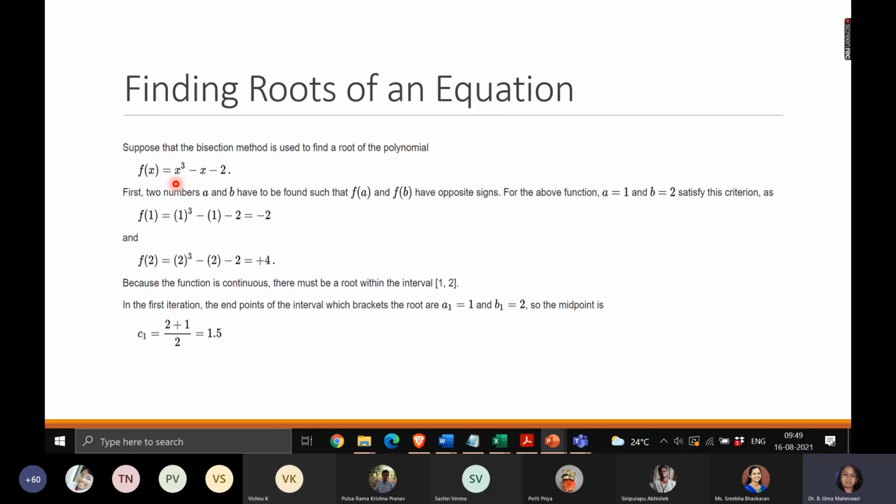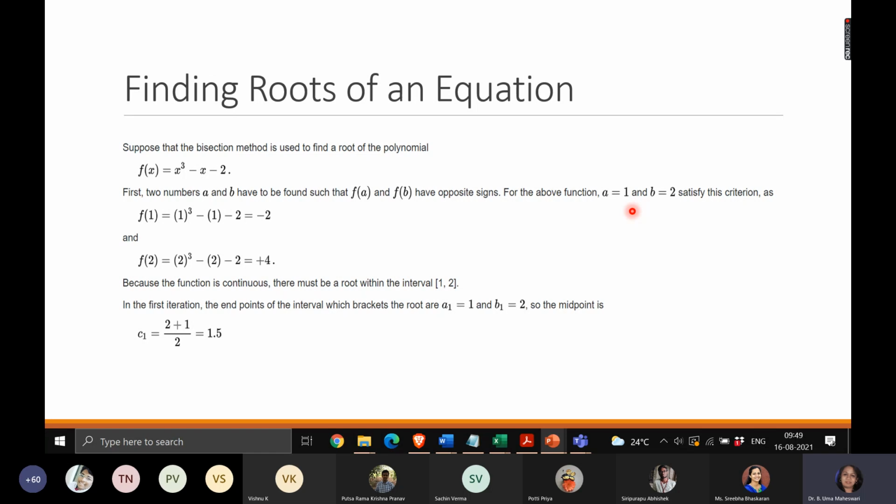And this bisection method is very helpful for finding roots of a continuous function. So given the continuous function, we are going to find out the root. For solving this problem, two more inputs will be given, one is A and B. Given this interval A and B, where does the root lie?